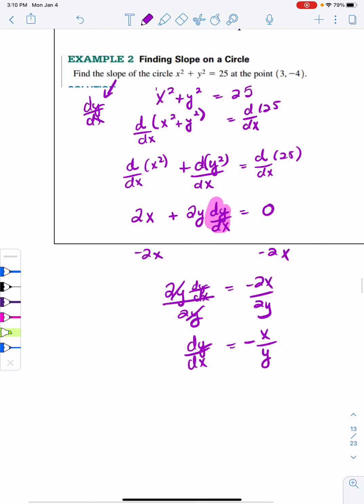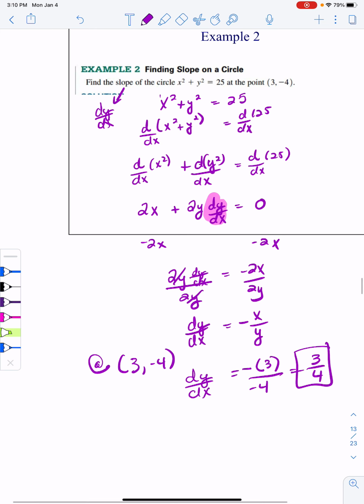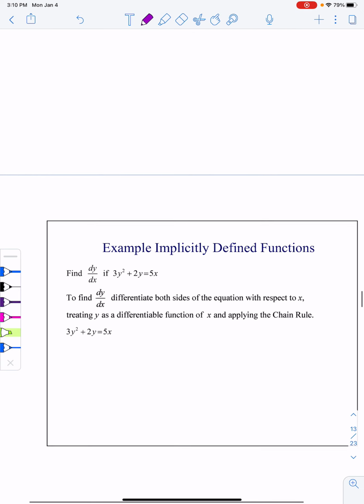They've asked for the slope at a certain point, so you have the point 3, negative 4. The slope is just negative x over y, and so dy dx is equal to negative 3 over negative 4. So it's just 3/4. And that's an application of implicit differentiation.